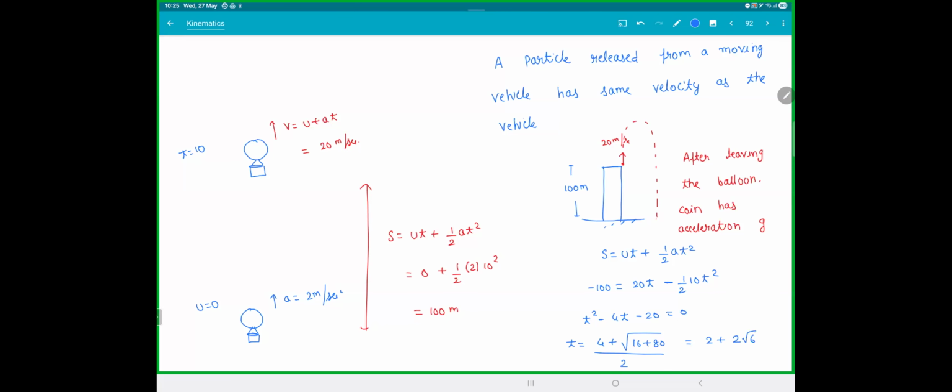Check. All clear with this? So there, these are the 2 points. When you are in the balloon, you will go with the balloon. Once you leave the particle, you will have the same velocity as the balloon. All clear with this? Then we saw there are a few other problems there.